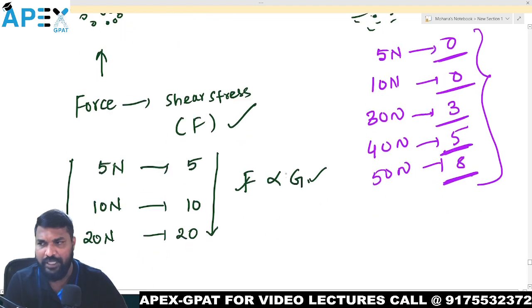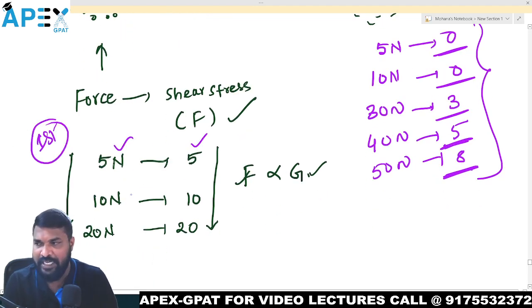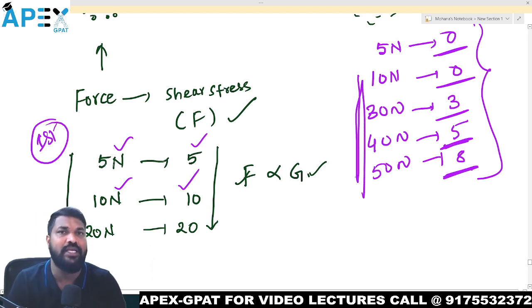Look here. In the first condition, the flow is increasing proportionally. Here the flow is not increasing proportionally. The rate of shear is not increasing proportionally.